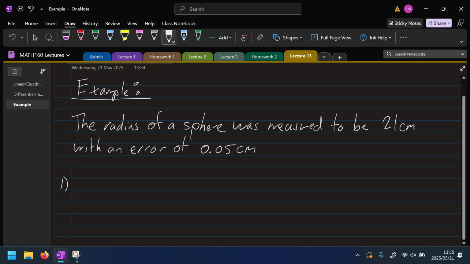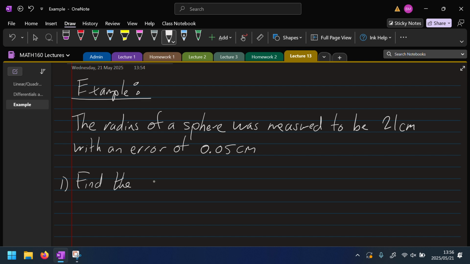So what are we trying to get from this? Find the approximate error in the volume. So we measure the radius. We want to find out what the volume is. But because of this error, there's going to be some error in the volume. What is that going to be?